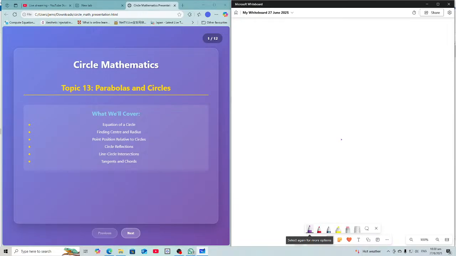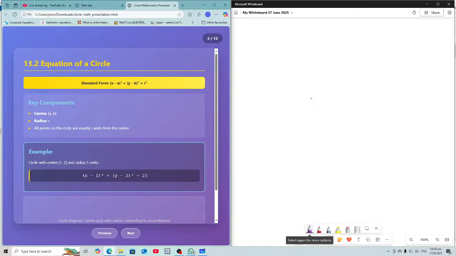Okay, so first I want to cover the equations of a circle, and of course that involves knowing what the requirements are. So let's start with the equations of a circle. When they tell you to write the equation of a circle, they literally want you to list it out in either standard form or general form.